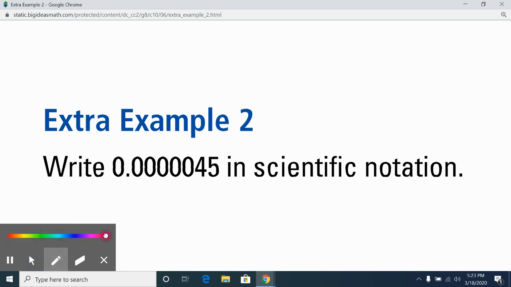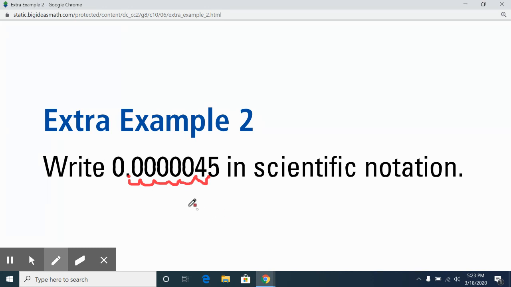Okay, here we go. I'm going to use red. Why? Because I know I'm going to be using a negative exponent. Okay? I know that because it's a very small number, guys. All right? So hopefully we're thinking, here's my decimal. I have to move my decimal right there between the 4 and the 5. All right, so again, I'm just counting 1, 2, 3, 4, 5, and it's 6 again.